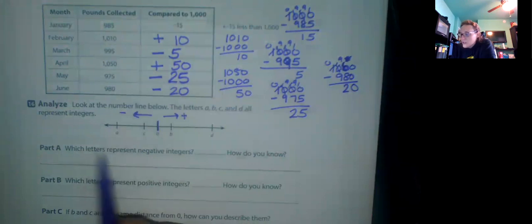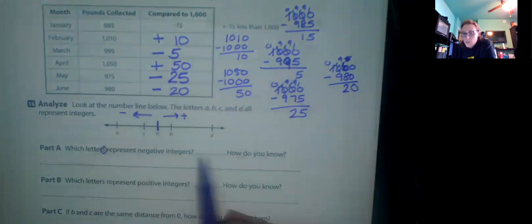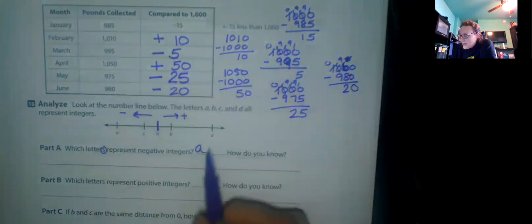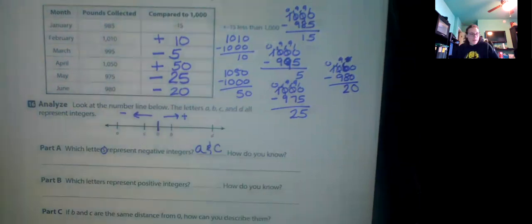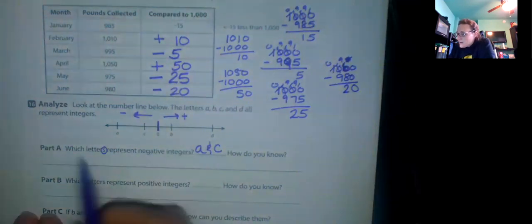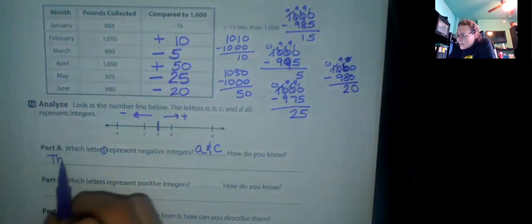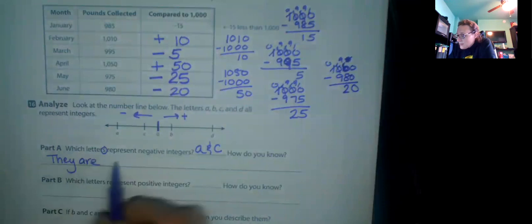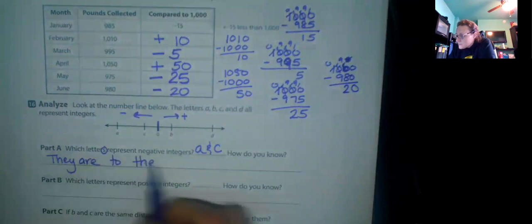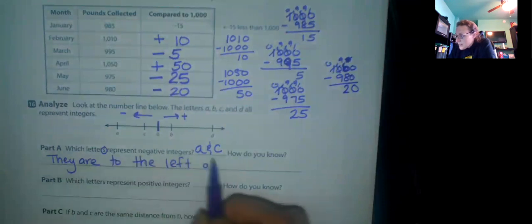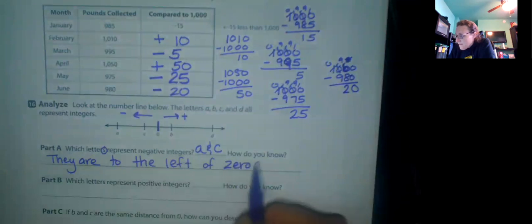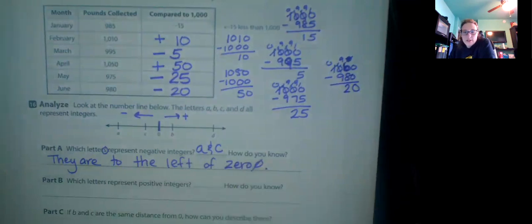So because it says which letters, that means we can have more than one answer. So A and C are both negative numbers. Okay, how do you know? Well, because they are to the left of 0. That's how we know they're negative, because they're to the left.